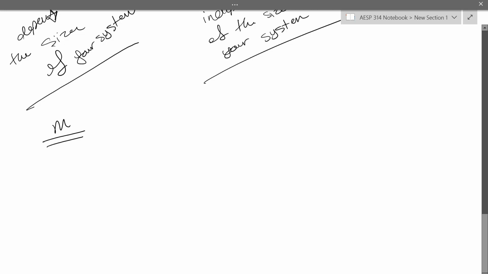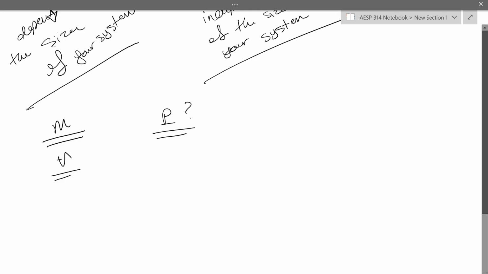What are other extensive properties that come to your mind? Pressure. So, what else? Volume, right? Volume, as you increase the size, your volume changes, right? But what can we say about pressure?